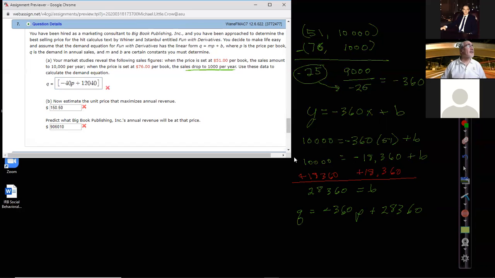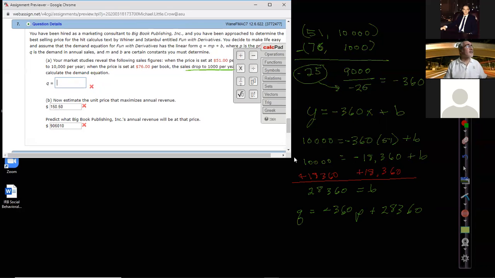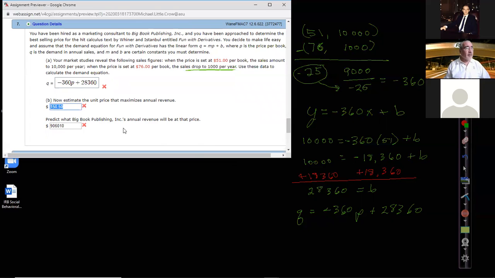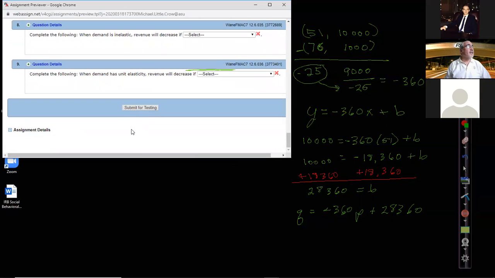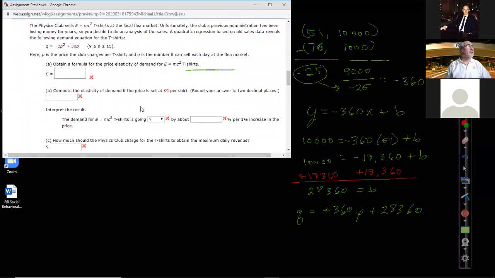So what I'm going to do first, before I go through and solve the rest, is check on the equation, just to make sure we got that part right. Negative 360 P plus 28,360.